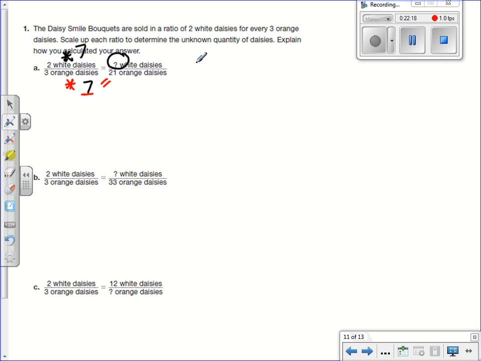So let me rewrite it over here just to hopefully have it make a little bit more sense. So we have 3 times 7 is 21. 2 times 7 gives me my unknown value of 14. So 14 white daisies would be my answer.